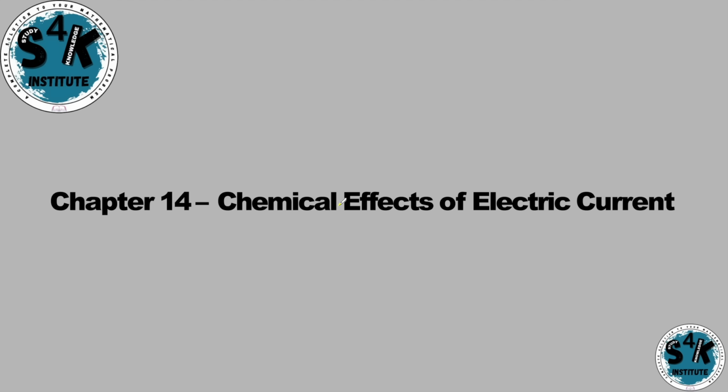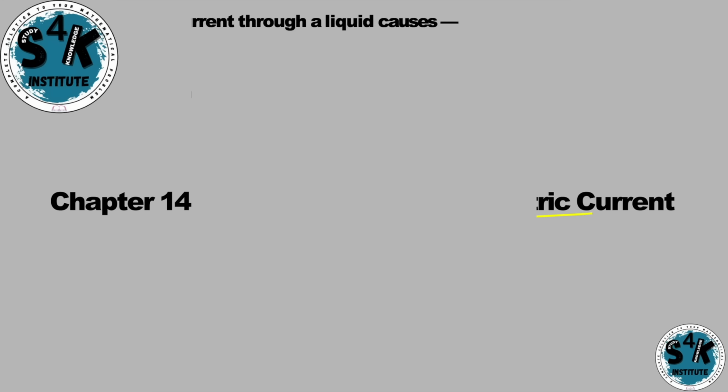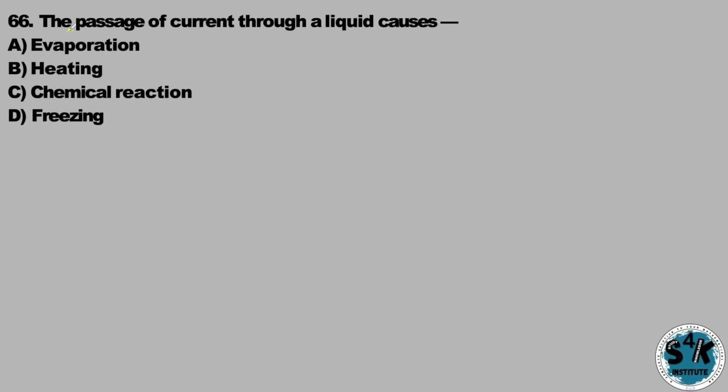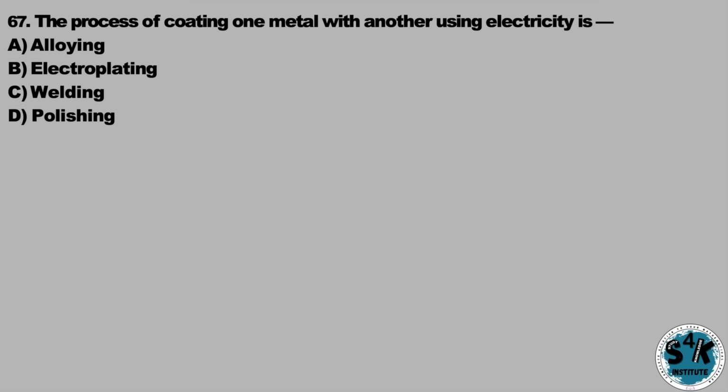Chapter 14, chemical effect of electric current. The passage of current through a liquid causes what? It causes chemical reaction. The process of coating one metal with another using electricity is called electroplating.